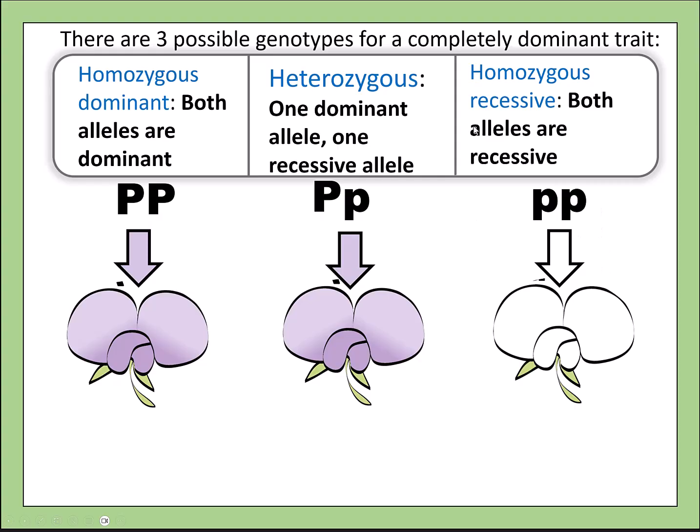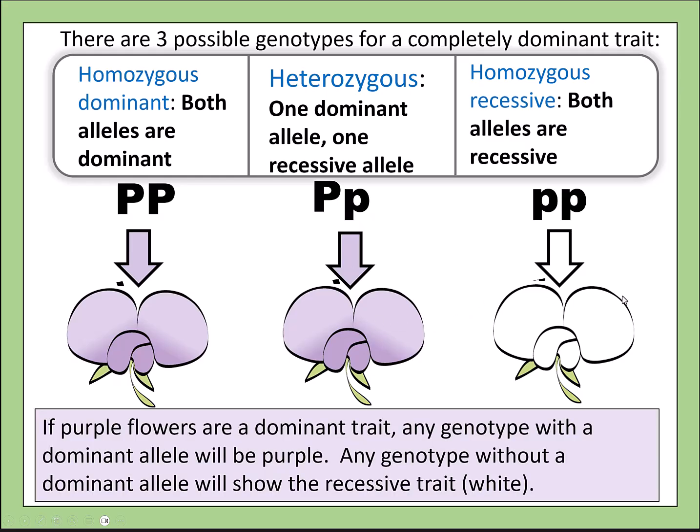And this is the only situation for a completely dominant trait, in a homozygous recessive situation, where you would actually see that recessive allele show up, because in both of these cases, the dominant alleles are going to overshadow the recessive. This one doesn't have a recessive allele. This one does have a recessive allele, but it's going to be overshadowed by that dominant allele, and so it's going to disappear.